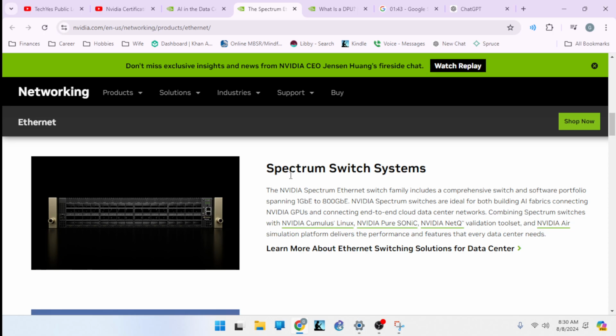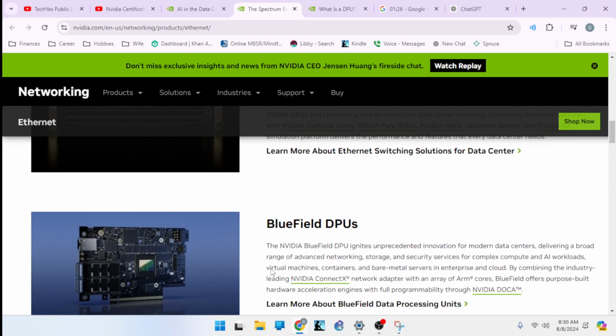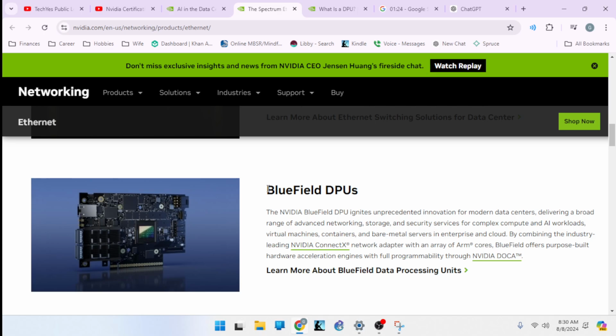Combining Spectrum switches with Nvidia Cumulus Linux, Nvidia Pure SONiC, Nvidia NetQ validation toolset, and Nvidia Air simulation platform delivers the performance and features that every data center needs. So we can learn more there. So this is an Ethernet switch as opposed to InfiniBand.